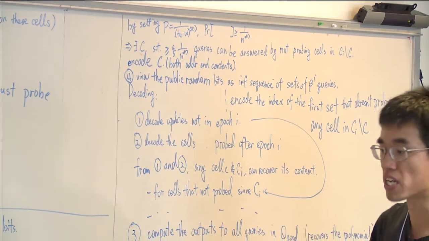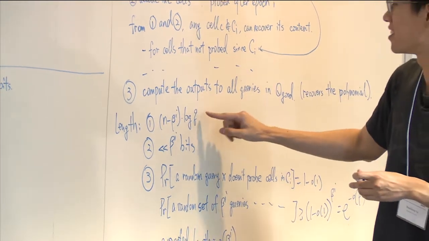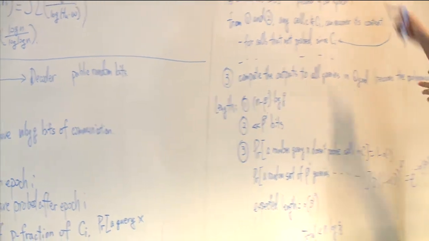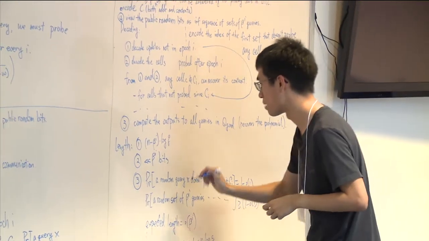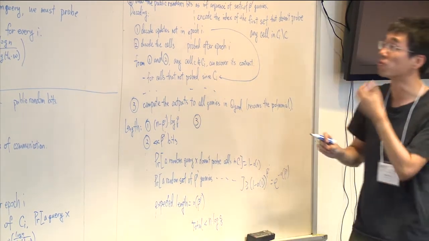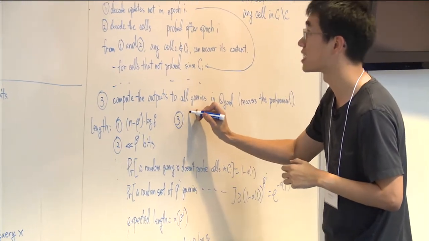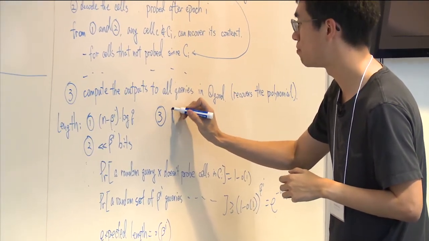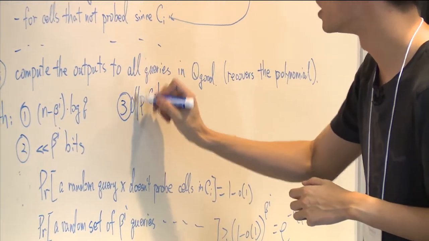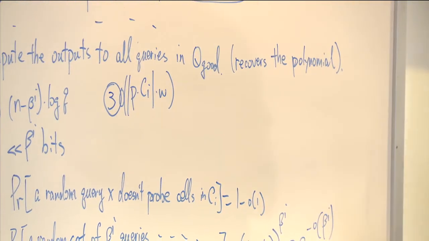So the first two parts are the same, and we send less than beta to the i bits in the second step. Then for the third step, we send a set of cells, C, right? And the size of the set is basically p fraction of Ci. And then we need w bits to describe the contents and the addresses.